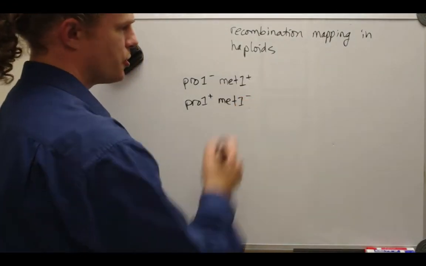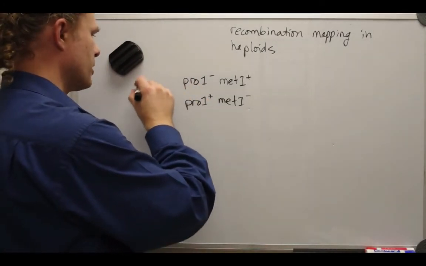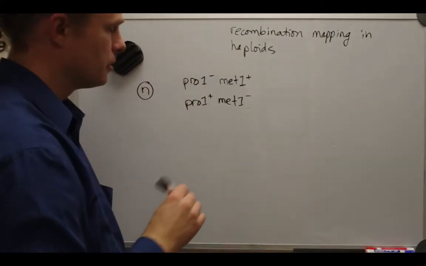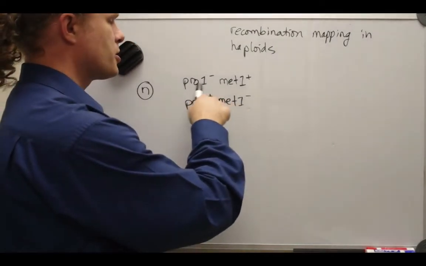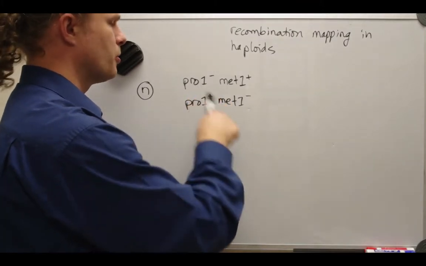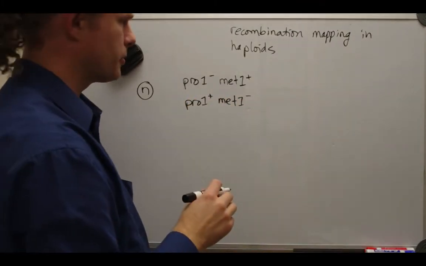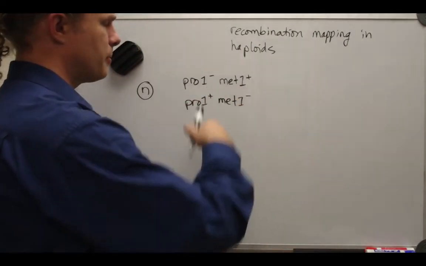Okay, so here are these two haploid organisms. And again, remember, because these are haploid, they are N, they only have one allele of each locus. So it's not appropriate to start talking about two alleles of the Pro1 locus, two alleles of the MET1 locus. These lines, as you propagate them on a plate, are haploid.